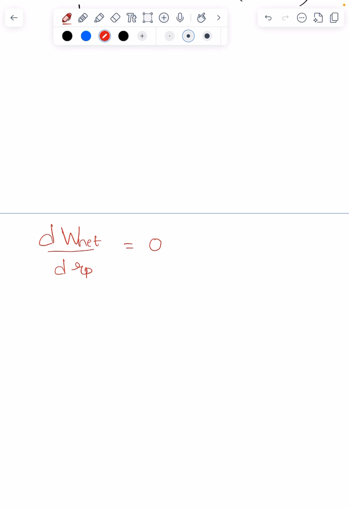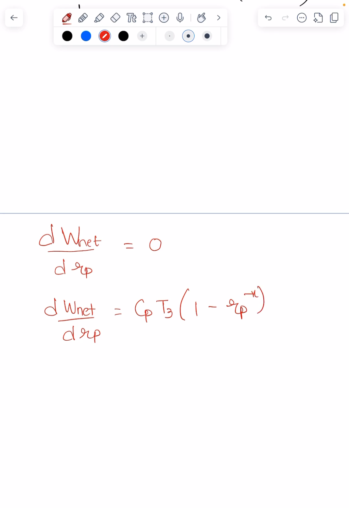So what I get is dW net upon dRp is equal to Cp T3 into 1 minus Rp raised to minus x.